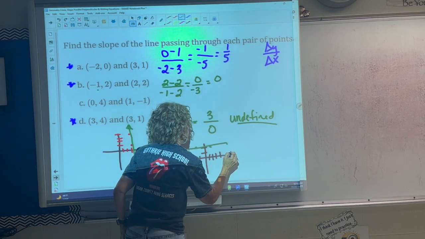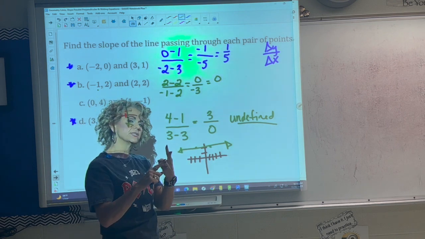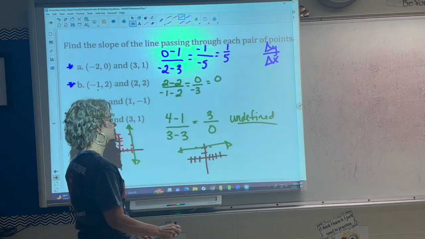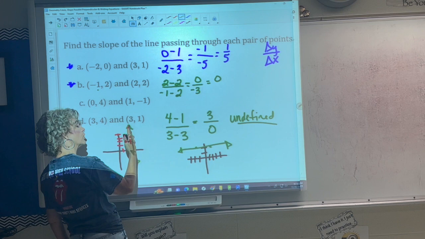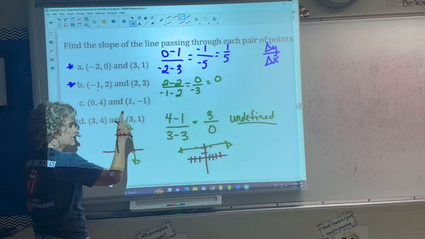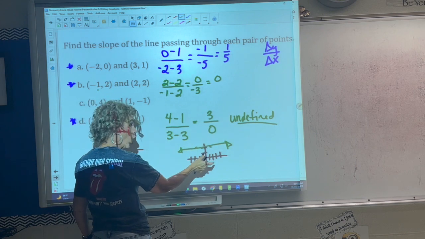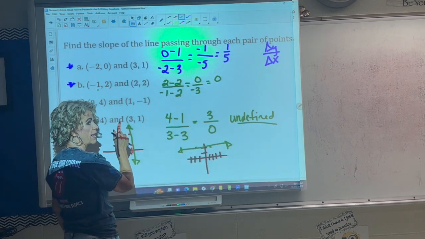So this line is a horizontal line. Every time, all the time, a horizontal line will have the slope of 0. And just like that, a vertical line, I don't care where it's at, is always going to have an undefined slope. Horizontal line will always have a 0 slope. A vertical line will always have an undefined slope.